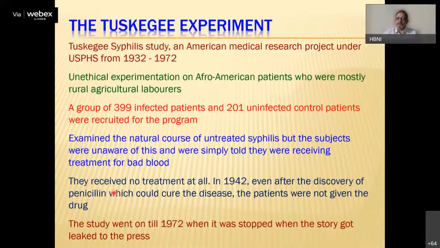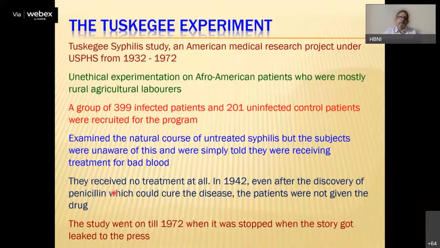And that means it was sponsored totally by the government of the United States. And it was started in 1932. And initially, the duration of this project was supposed to be just 6 months. And what was this experiment about? It was a totally unethical experimentation on African-American patients who were mostly illiterate rural agricultural laborers.